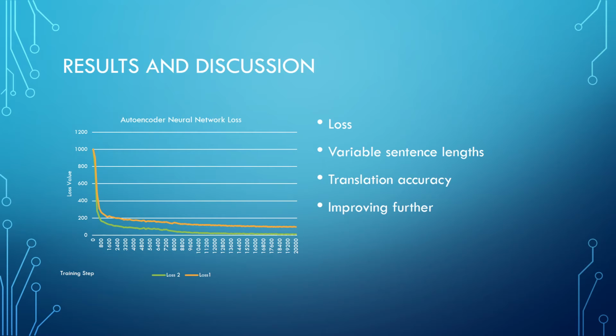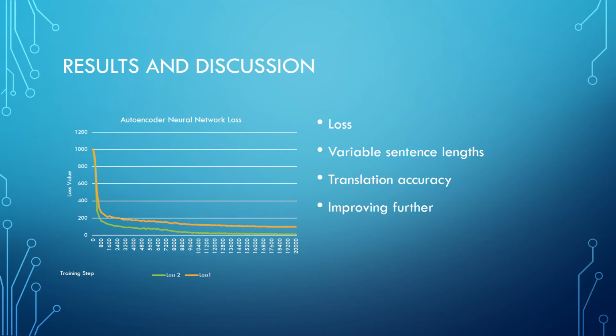This common autoencoder network was coded through a tutorial that I found on TensorFlow. And what I did was add various optimization tools to the code to further improve it and reduce the loss.